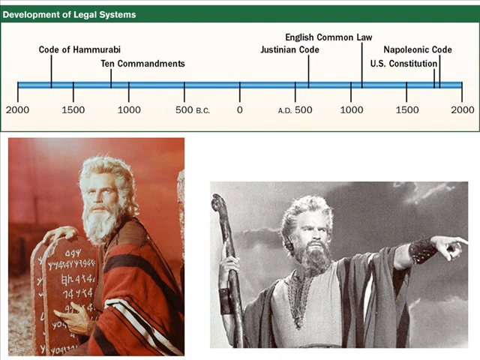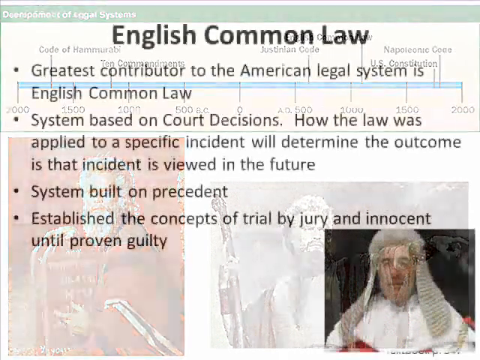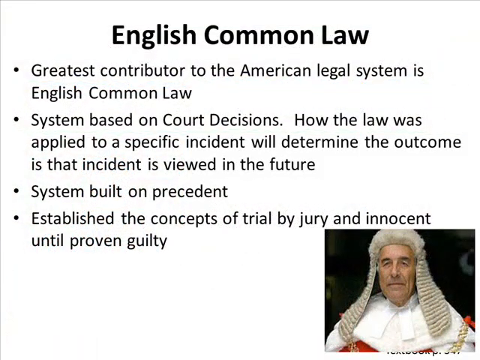Now, English common law is going to be the greatest influence on our current legal system in the United States. English common law is a system that's based on court decisions, and basically how the law was applied to a specific incident will determine how other incidents like it will be handled and how the law will be applied to those incidents in the future.